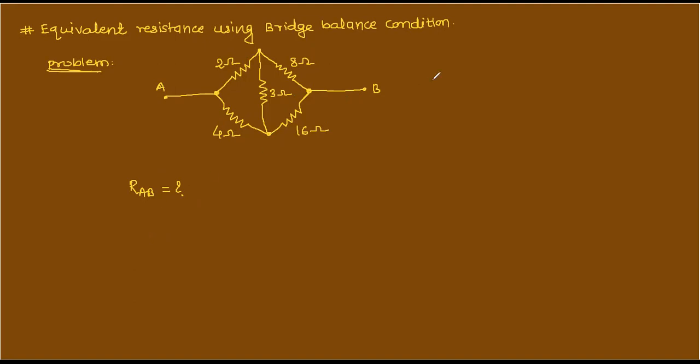See here how to solve this. If you apply the bridge balance condition, P by Q is equal to R by S, that is 2 by 4 is equal to 8 by 16.